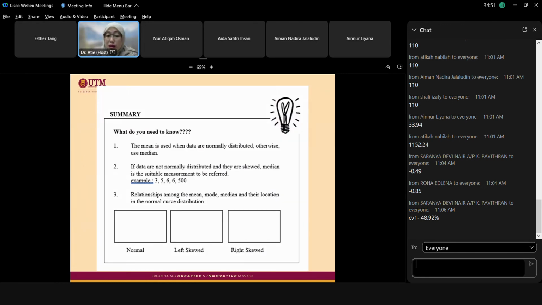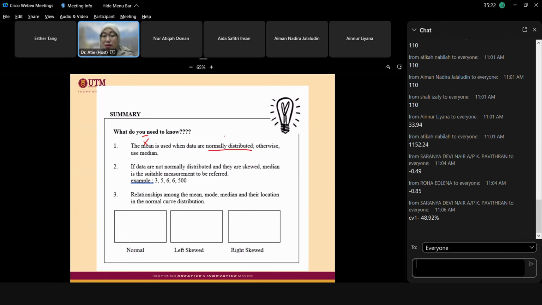Let's do the summary, on page 41. After you have calculated the mean, mode, median, and so on, there are a few things you need to understand. You need to know the concept. The mean, the average, is used when data are normally distributed.